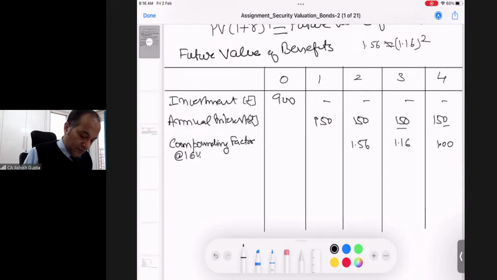Sorry, it's a three. One second. Okay, student. It will be 1.35. Similarly, the interest accrued at the end of the first year will be reinvested for a period of 3 years.